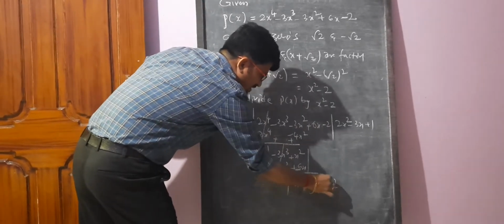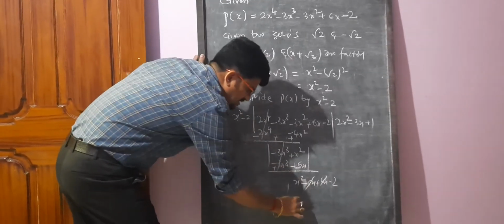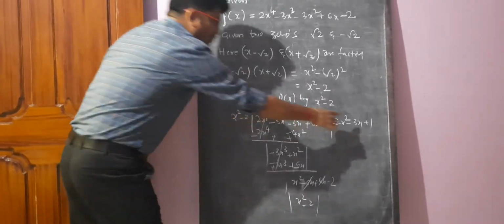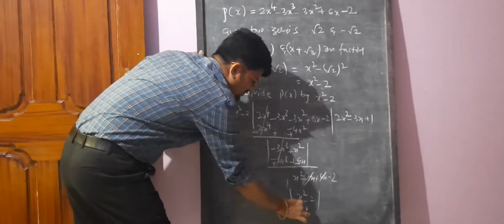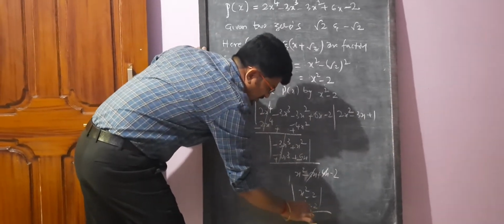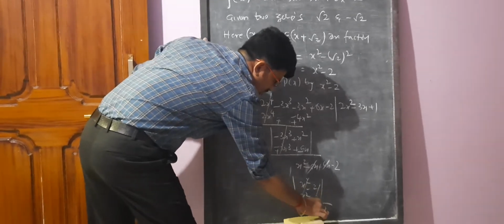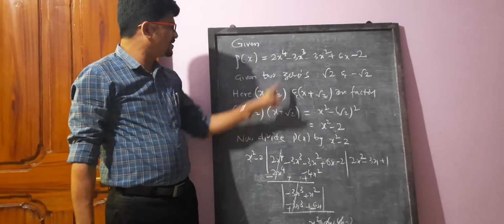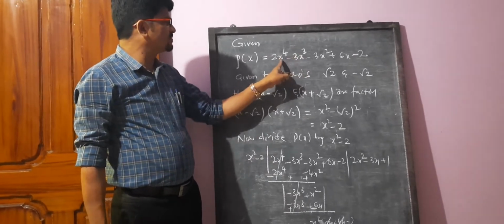This plus 6x and minus 6x cancel. Finally x square minus 2, we got it. Now 1 into x square, 1 into minus 2, and finally the remainder is 0. Clear, children? Now we have divided the polynomial p of x, 2x to the power of 4 minus 3x cube minus 3x square plus 6x minus 2, by this.